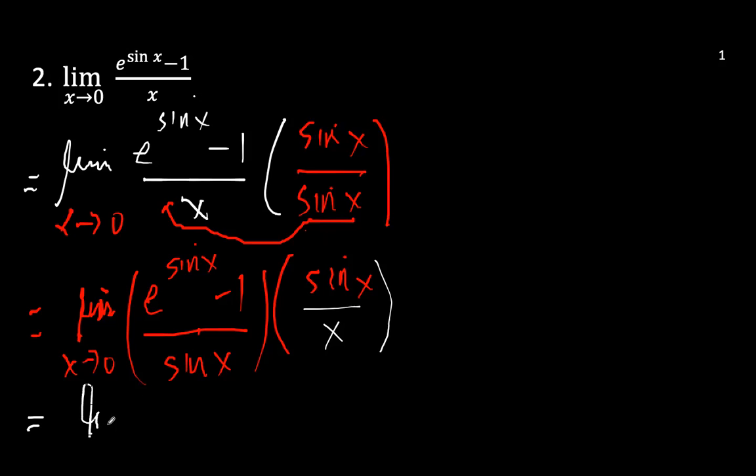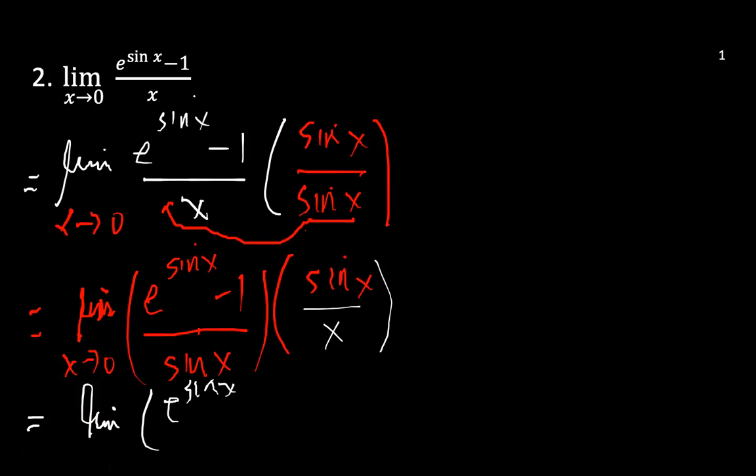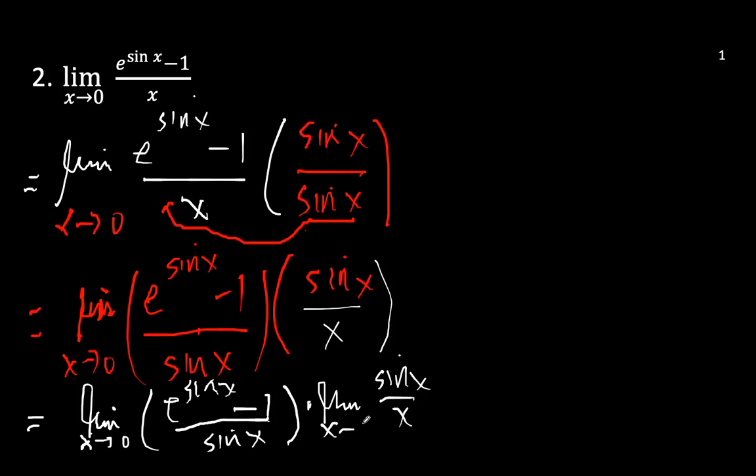So we have the limit of e raised to sine x minus 1 all over sine x, same as the exponent, as x approaches 0, times the limit of sine x over x as x approaches 0.